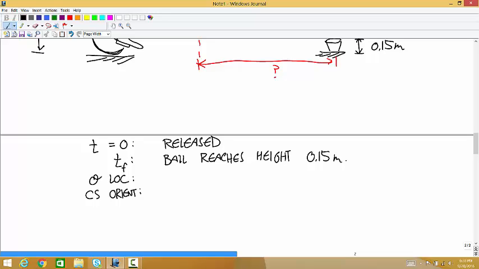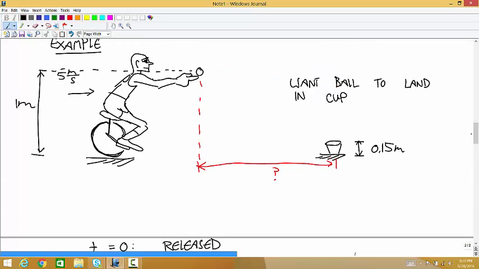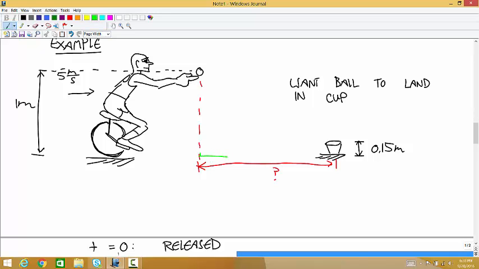The origin location and the coordinate system orientation I'm going to choose the same way I did in the last problem. I'm going to put it on the ground, right beneath where the ball's released, so right beneath the ball when time is equal to 0. And I'm going to make the y-axis point up and the x-axis point horizontally in the direction of motion.